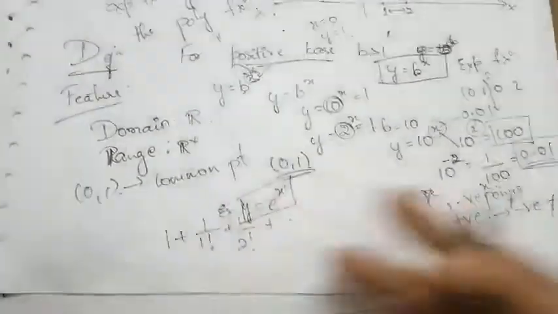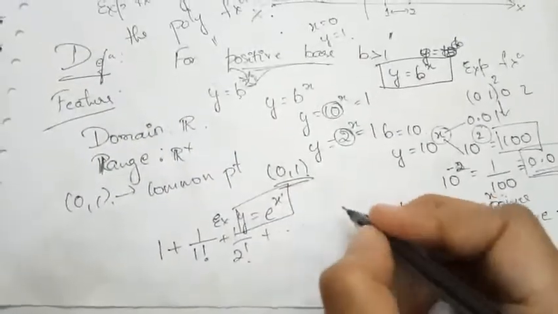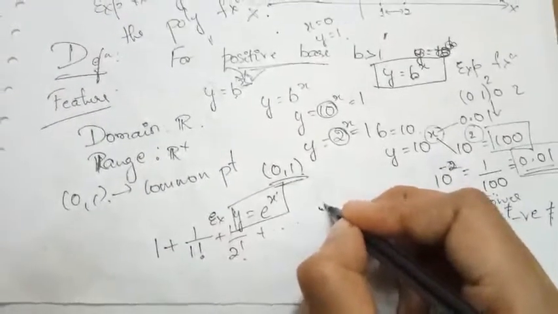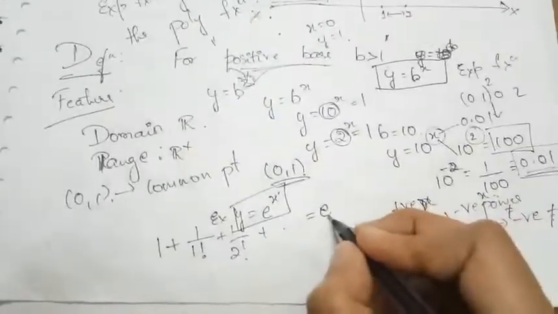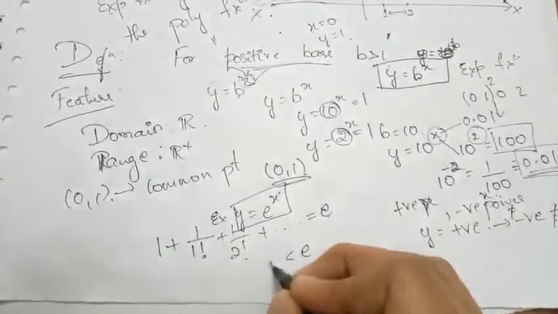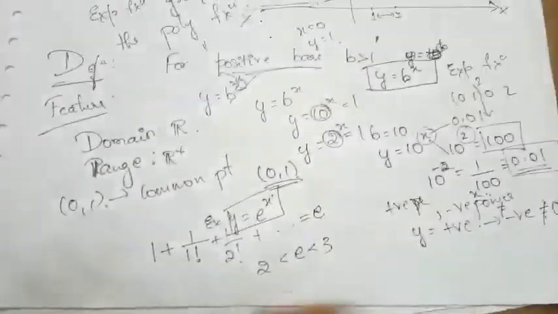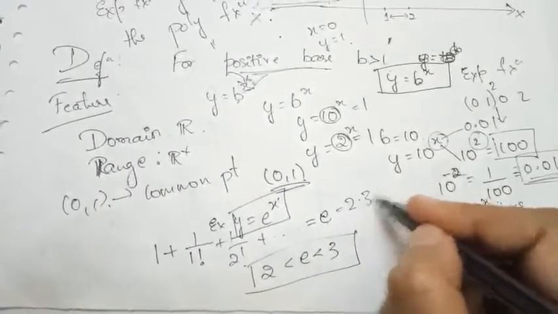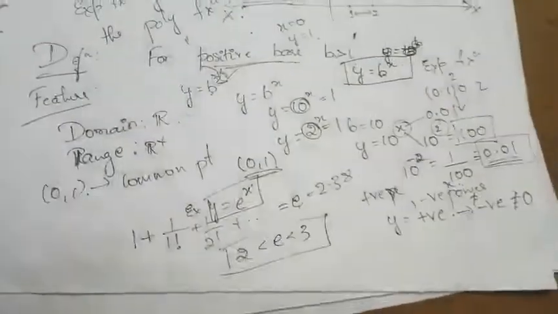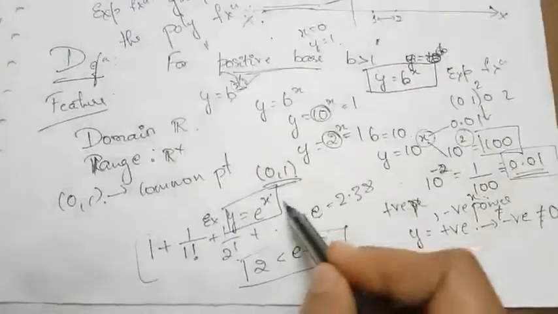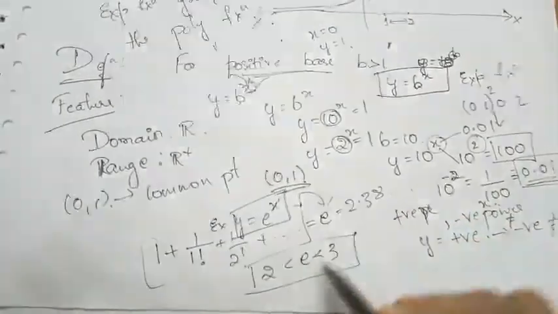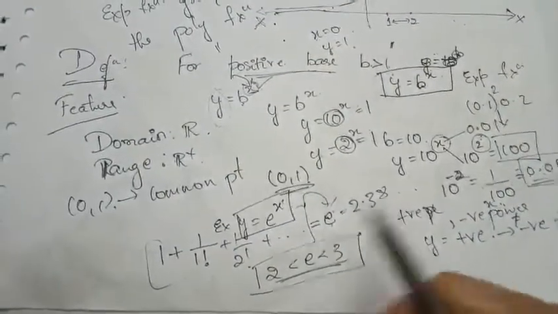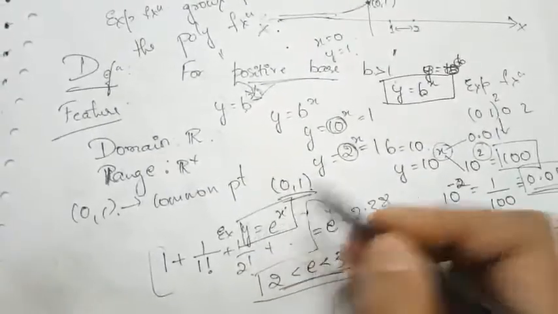The sum of this series is equal to e, and this e always lies between 2 and 3. The value of e is something like 2.7 something, and we call y is equal to e power x.